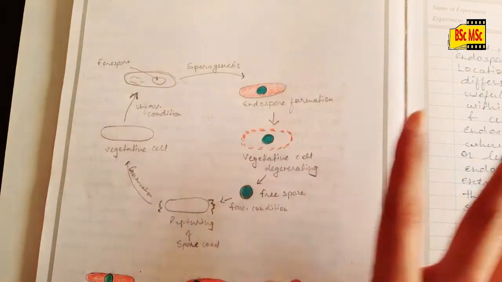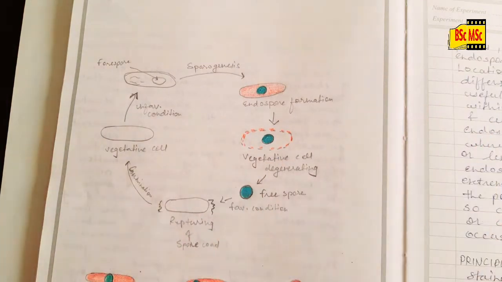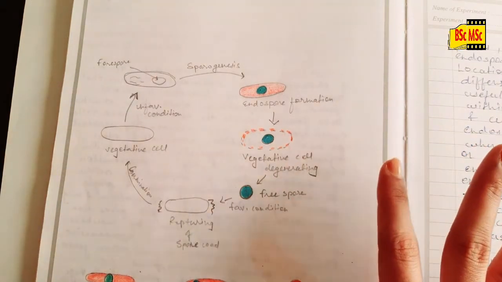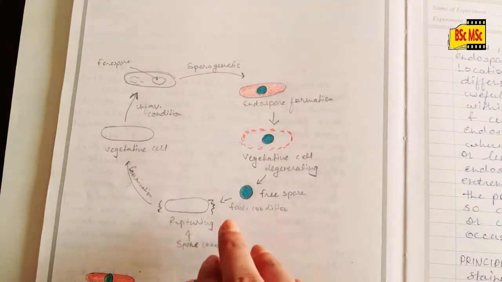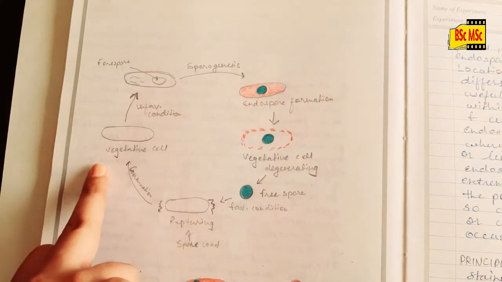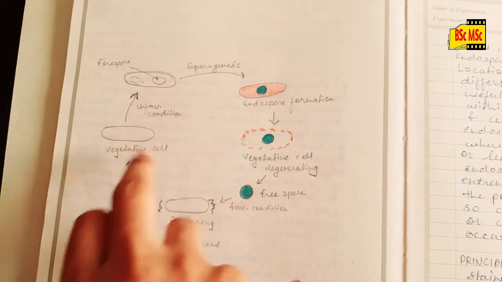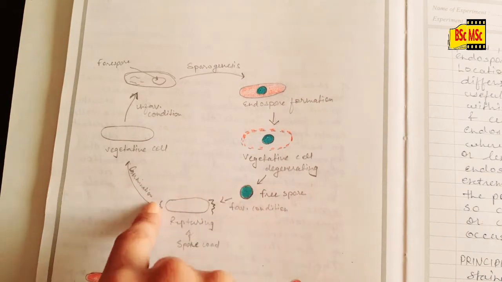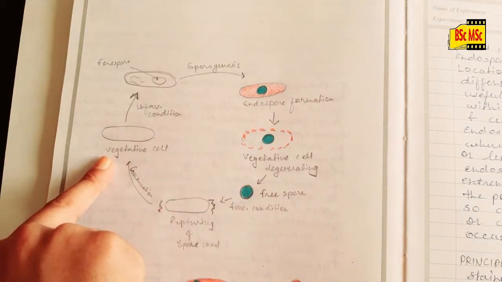And again, after a long time, under favorable conditions, it will germinate and become a vegetative cell. The spore coat will rupture and it will transform again into a vegetative cell.